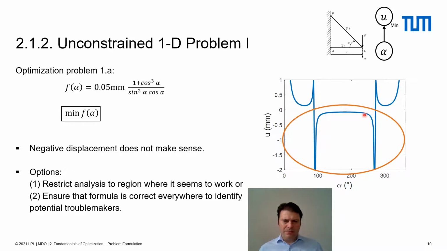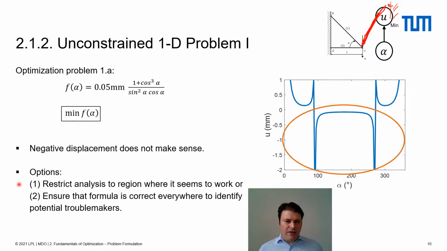And that's weird, because you could imagine a, let me draw this. You could imagine the rod 1 going like this and being, for example, attached here. And it wouldn't make sense for the displacement to become negative. So there's something strange going on here. And now for our further analysis, we have two options.